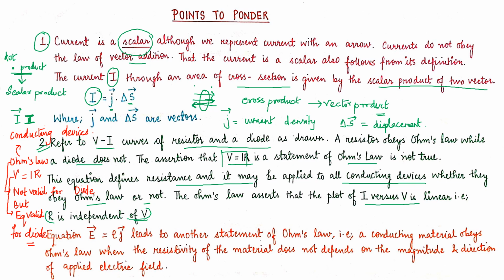Now, similarly, there is another equation which is also a bit controversial: electric field equals resistivity into current density, E equals rho into J. This leads to another statement of Ohm's law: a conducting material obeys Ohm's law when the resistivity of the material does not depend upon the magnitude and direction of the applied current.